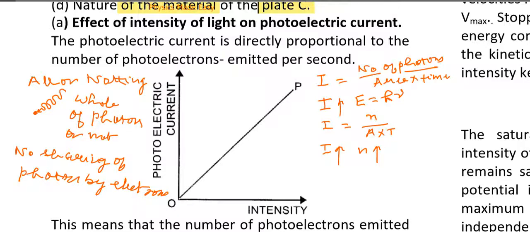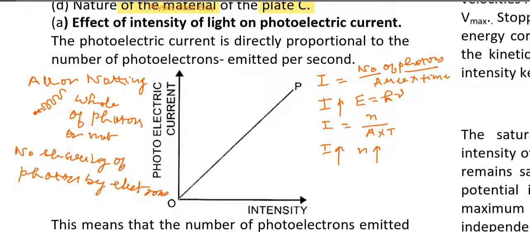So what is important is simply that the more the number of photons, the more electrons will be emitted, so more electrons will be collected at the anode. It means the photocurrent will increase. Once again, listen to the logic. If we increase the intensity, we increase the number of photons falling on the metal.